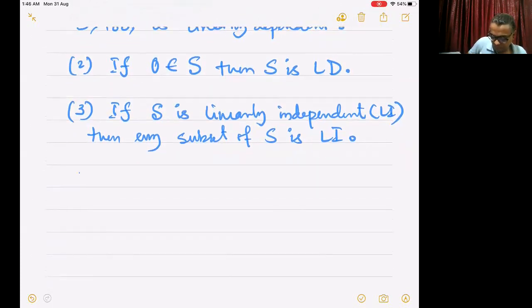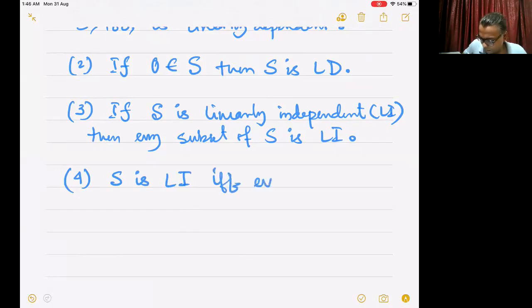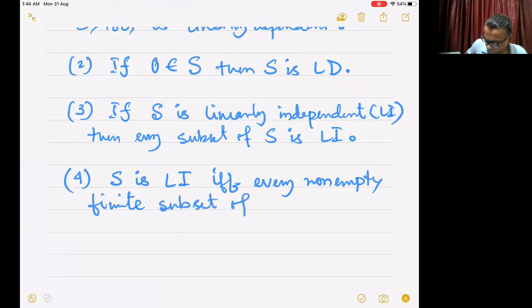And number 4 is the converse of this, which says that S is linearly independent if and only if every non-empty, in fact finite, subset of S is linearly independent.